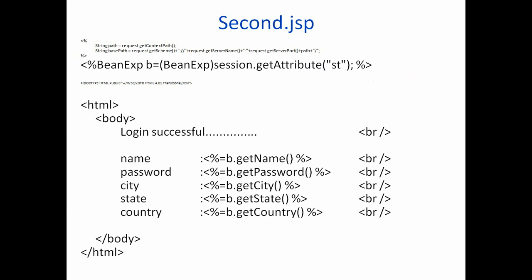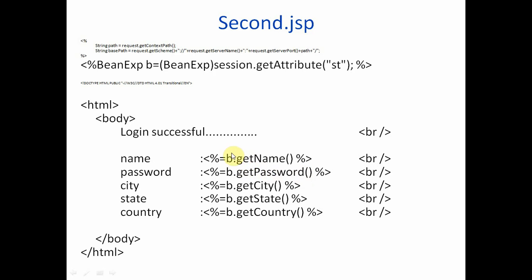So here we'll start the HTML program and HTML body, and this is the message, then a line break, then name equals b.getName. So we have written b.getName, meaning now we'll run the get function.